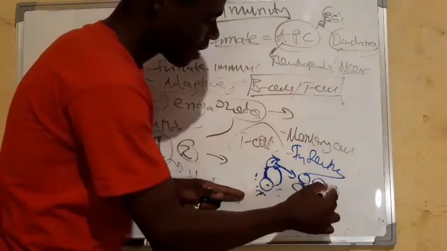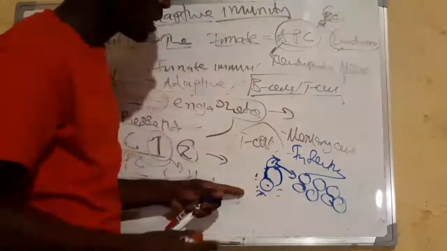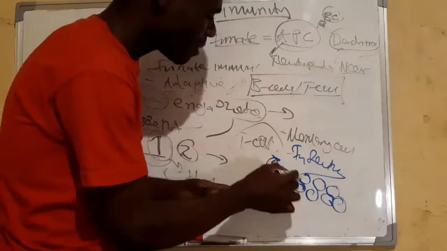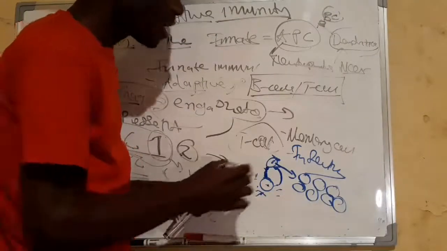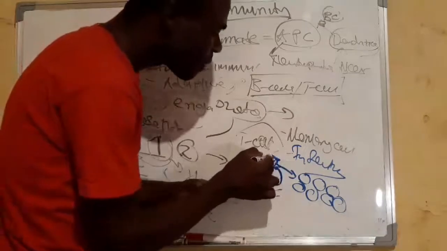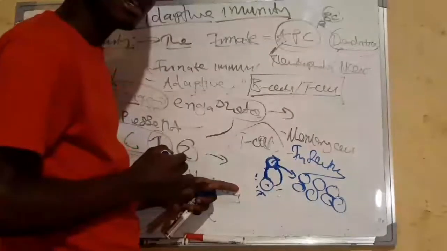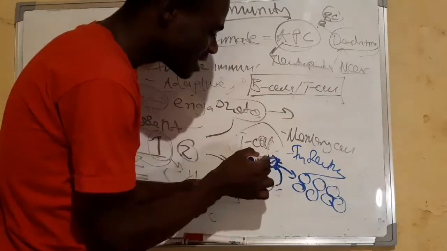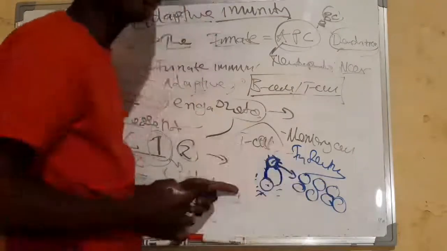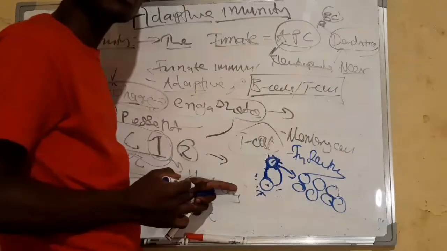Understand? These proliferated cells are similar to this type of B cell, meaning the receptors they have are the same.